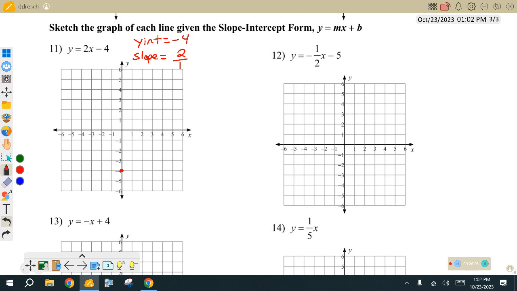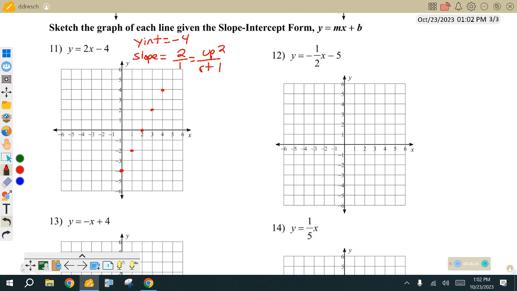So rise, run. Up 2, right 1. Do it from that -4. This is all about following directions. Up 2, right 1. Why are you doing that instead of making it like a full triangle? I am.